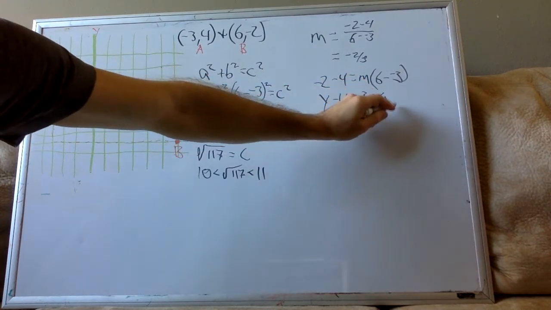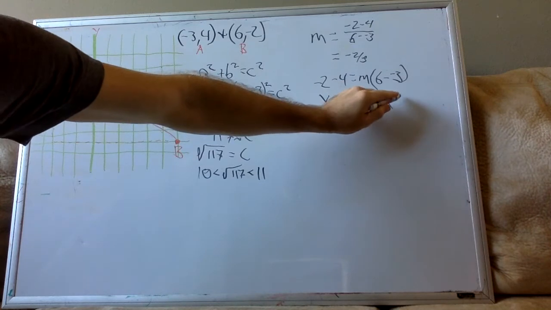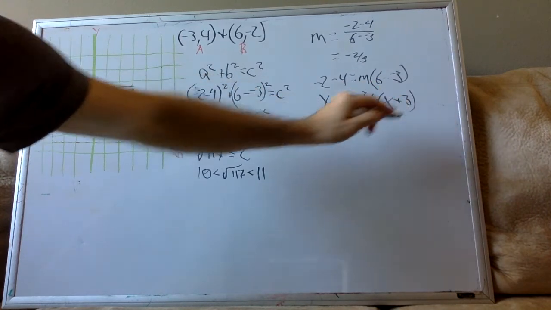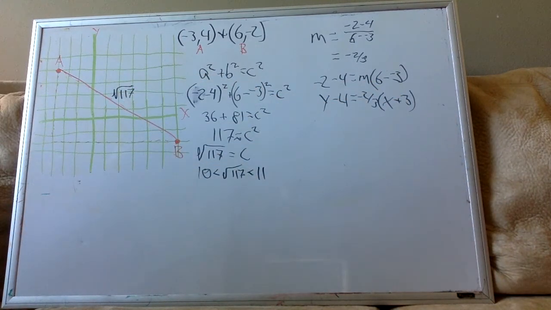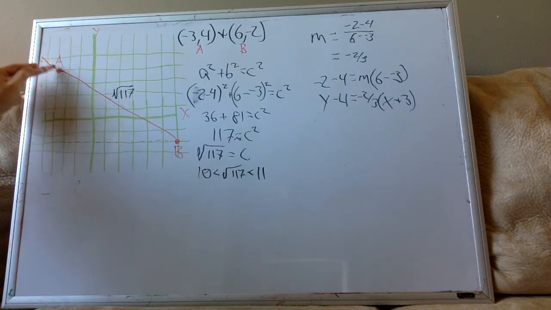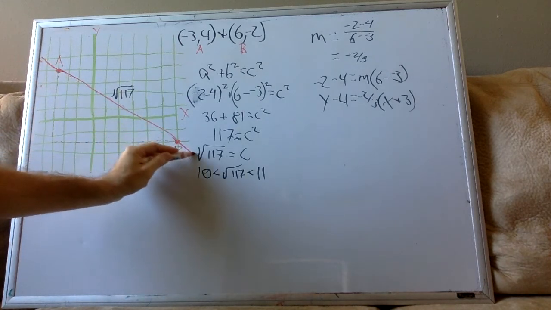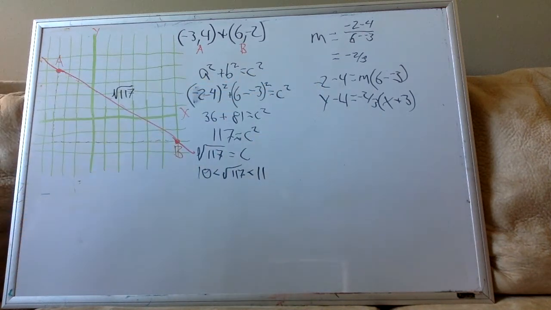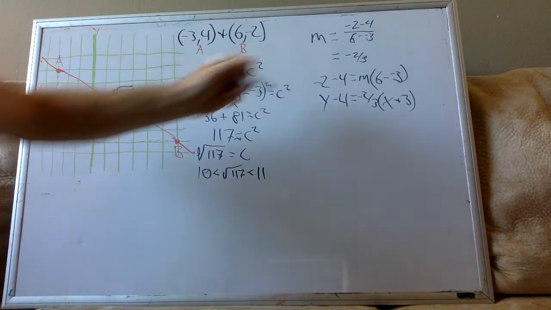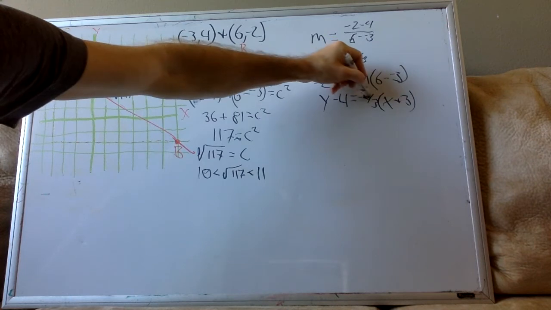And this was an x value. And so I'm going to simplify that a bit. And now I have an equation for this line that any point on here falls within this relationship. Just to be clear, that's a 2.